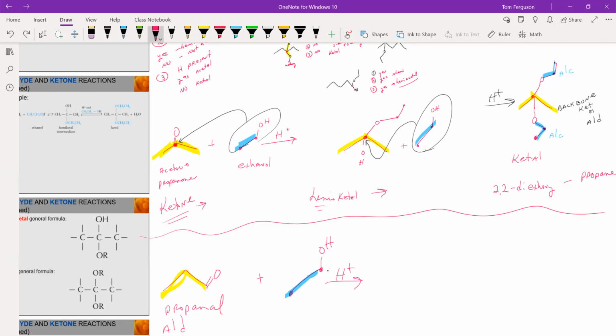This guy is going to attach here. That carbonyl, the double-bonded O, becomes an OH now with the alcohol attaching here.